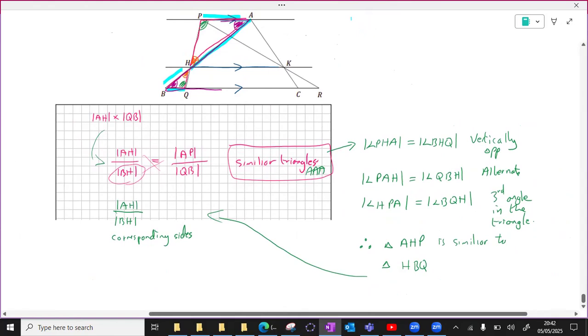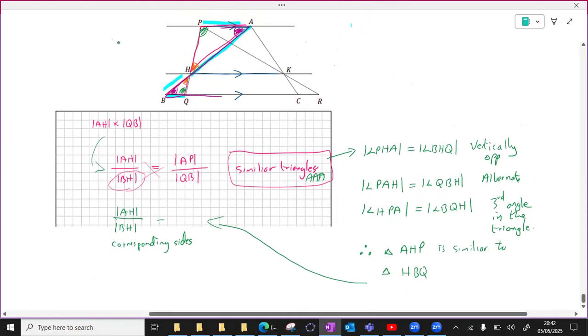AH divided by BH should be equal to, so now we're needing AP. So in other words, opposite the orange side in the big one, we have AP. Opposite the orange angle in the small one is BQ or QB. Now, when we cross multiply, we get the AH times by the BQ, just like we are told.